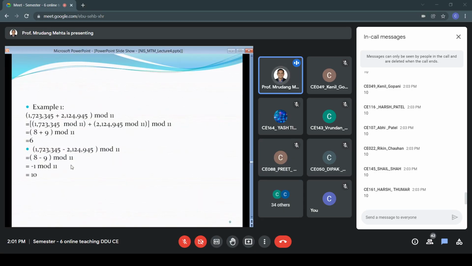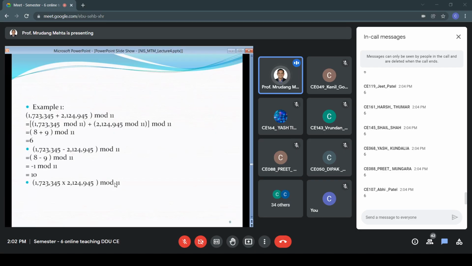Okay. Now we multiply these two large numbers. Perform the multiplication. If you have to multiply such a large number and then take mod 11, the straight away method is that you actually perform the multiplication of these two numbers and then find the answer with respect to mod 11.